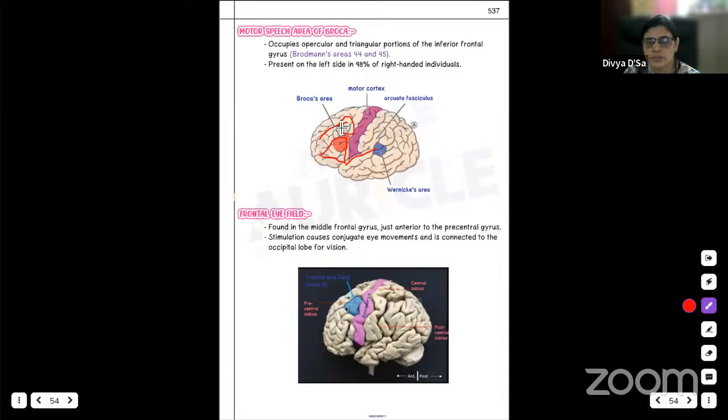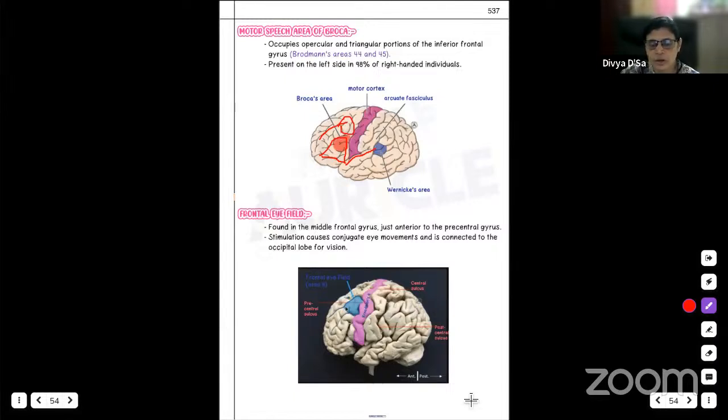Basically, if we ask you to move your eyes as I move the finger, it is a voluntary movement of the eyeballs, isn't it? So it controls the voluntary movements of the eye. That is the frontal eye field.